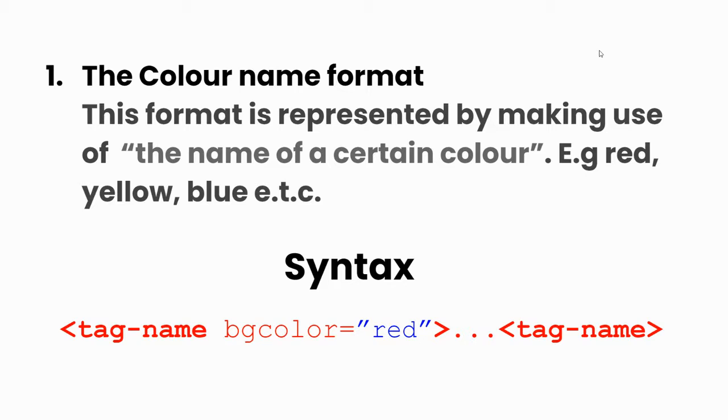That means you could actually choose how thick you want the color to look or how light you want that color to look. And by using the name, you wouldn't get that result. That's why the remaining two formats, the RGB and the hexadecimal value formats, are very important in styling. Don't worry, we'll see more of this when we get to CSS. This is just an intro to styling with colors.